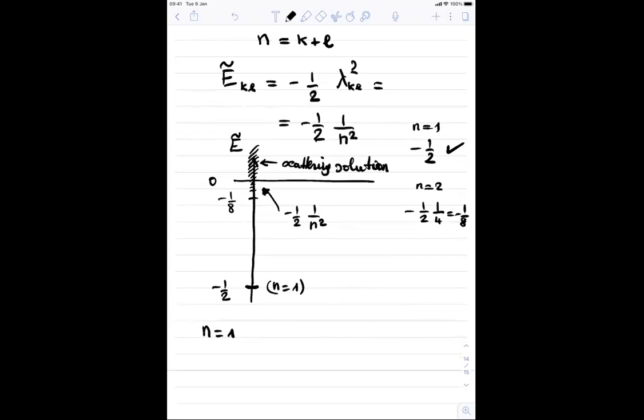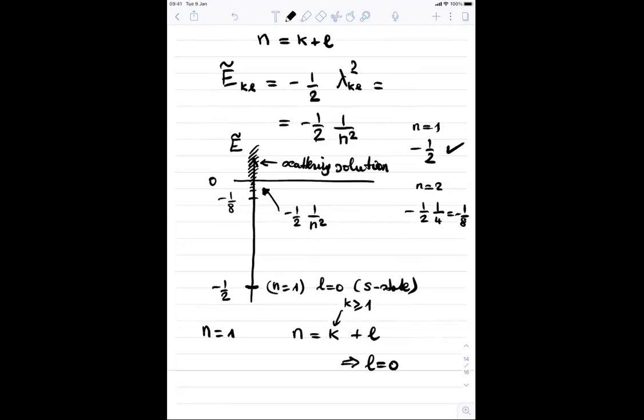So n equal 1. Remember, n was the sum of this integer k, which was greater or equal to 1, plus the orbital angular momentum l. Now, if n is equal to 1, since k has to be greater or equal to 1, you immediately deduce that l has to be equal to 0. So this state has l equal to 0, it is the S state that we were discussing in the guess that I produced for you.